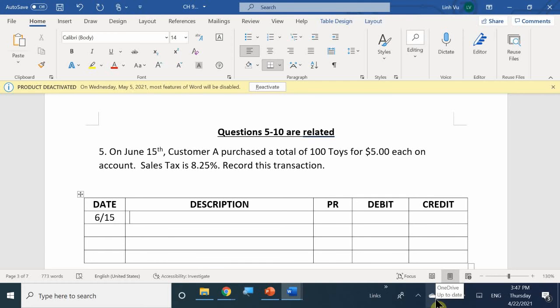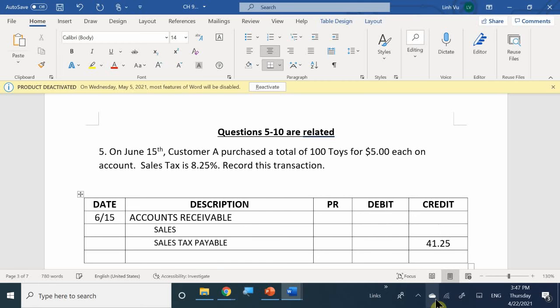So, if customer A decides to purchase, what are we going to recognize? Accounts receivable, right? They placed it on an account. All right? Sales and sales tax. Sales tax is $41.25.